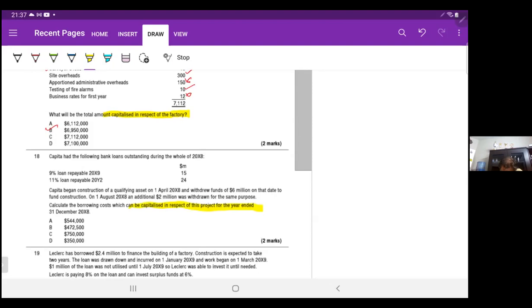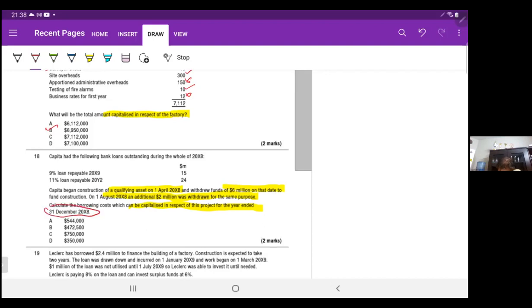Capita began construction of a qualifying asset on 1st April 2008. It withdrew funds of 6 million on that day to fund construction. On 1st August, an additional 2 million was withdrawn for the same purpose. So in this scenario, the first investment was on 1st April, and the year end is 31st December 2008.